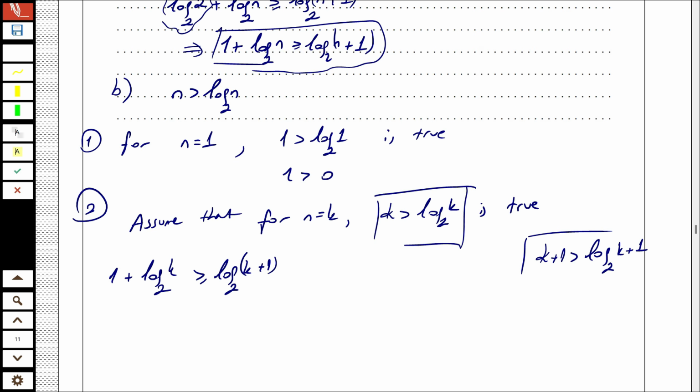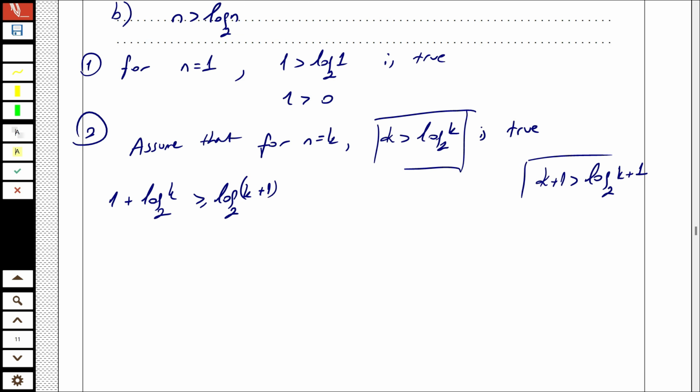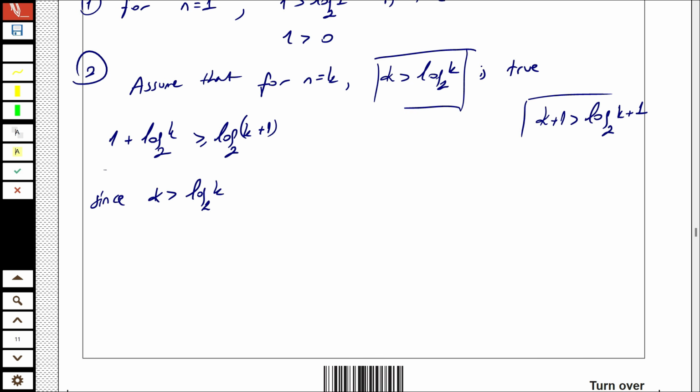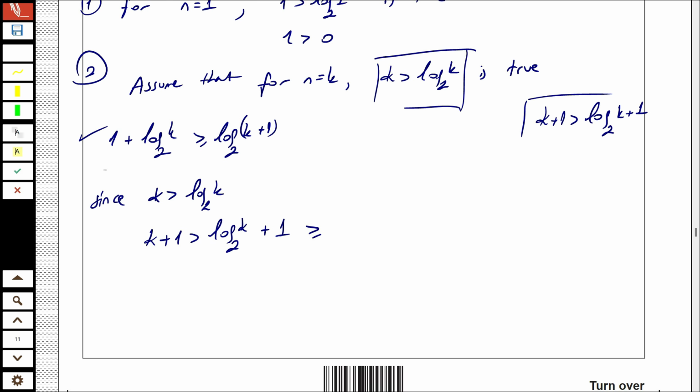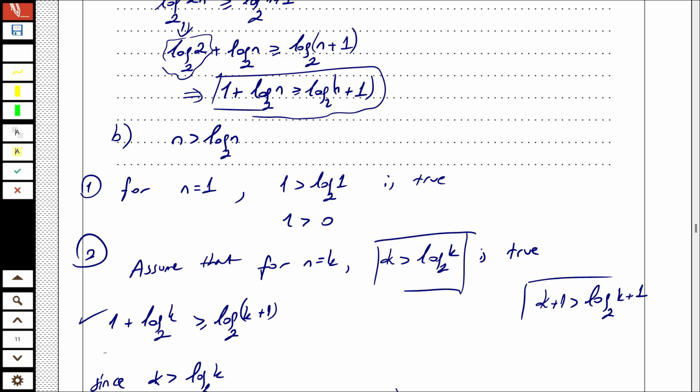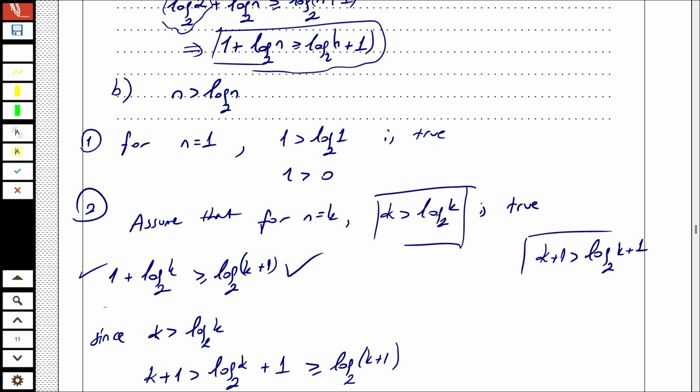In this case, for example, let's use that since k is greater than log base 2 of k, I can add, for example, 1 to both sides, and it's gonna be k plus 1 is greater than log base 2 of k plus 1, right? And then I know this is gonna be greater than or equal to log base 2 of k plus 1 because it was from question A. We use this inequality, right?